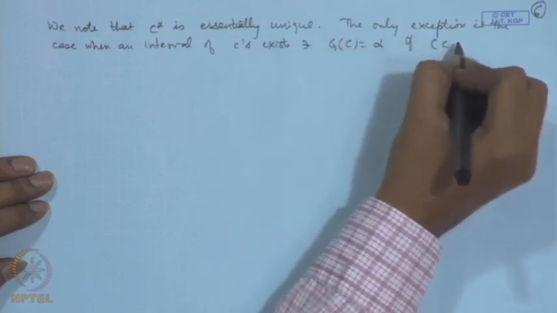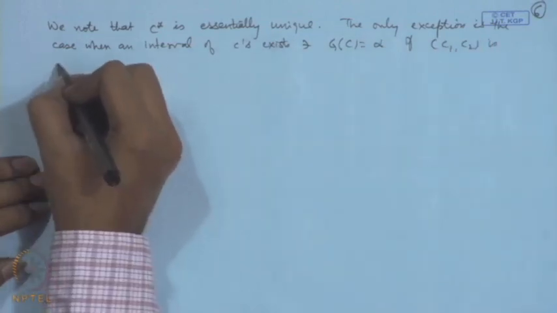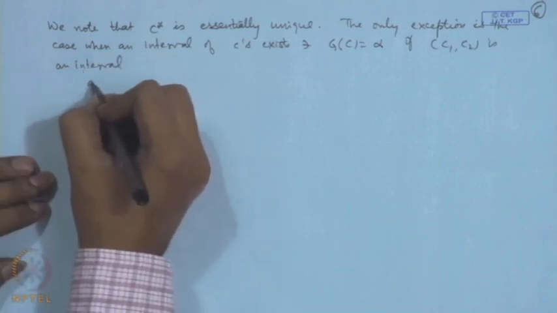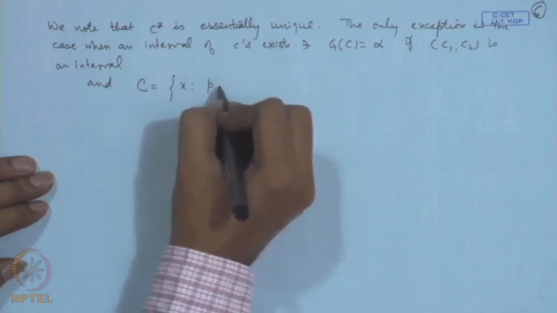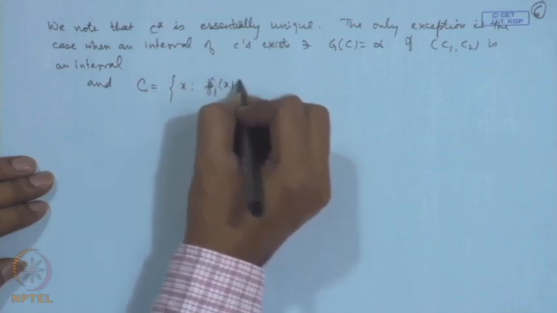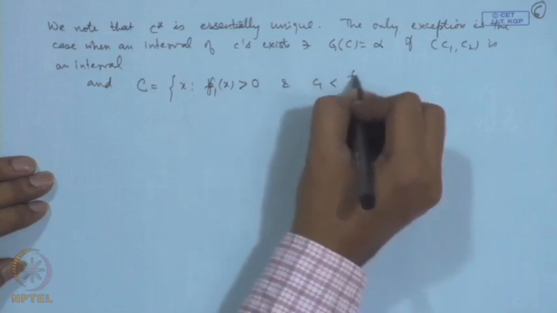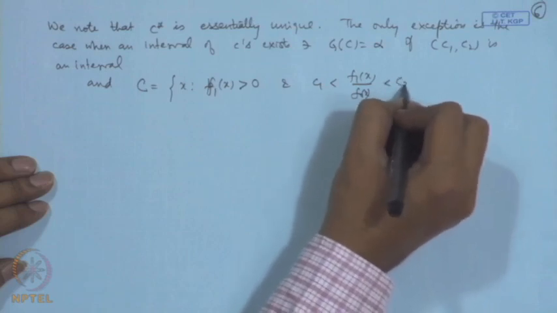If c 1 to c 2 is an interval of this nature and we consider the set C to be the set of all those values where f 1 is greater than 0 and c 1 less than f 1 by f naught is less than c 2.